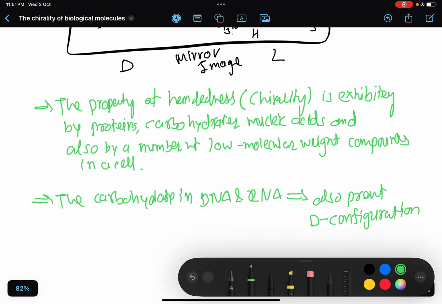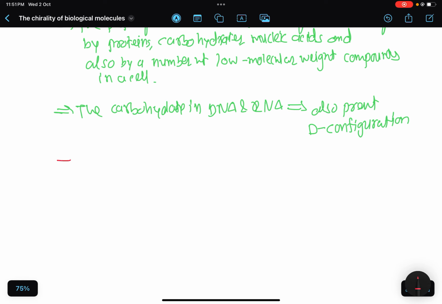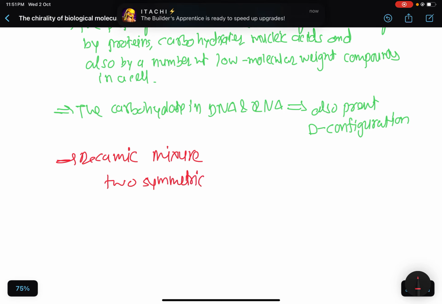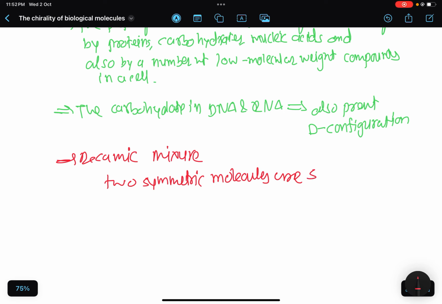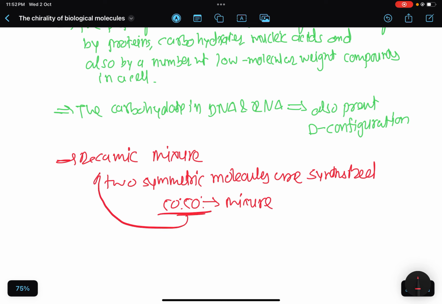When the two symmetric molecules are synthesized in the laboratory as a 50-50 mixture, it is called a racemic mixture.